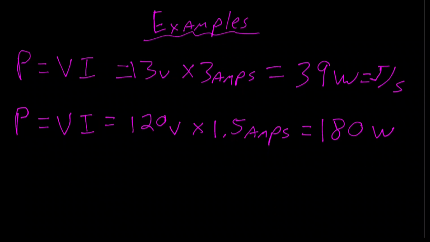But let's do something different. So what if we ran that light bulb, we turned it on, and we ran it for 3 hours? So we have a 180 watt light bulb, and we multiply that by time.